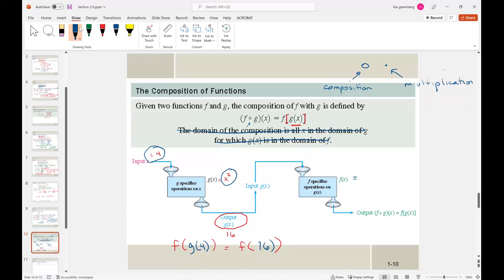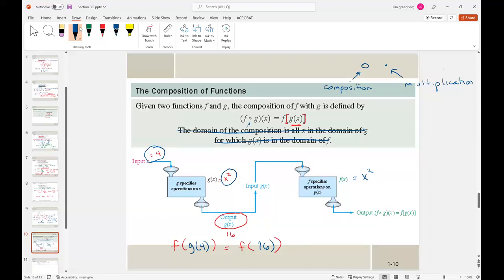Trying to think of a good function that would be helpful here. I'll just square it again. Now f of x and g of x are both x squared, right?